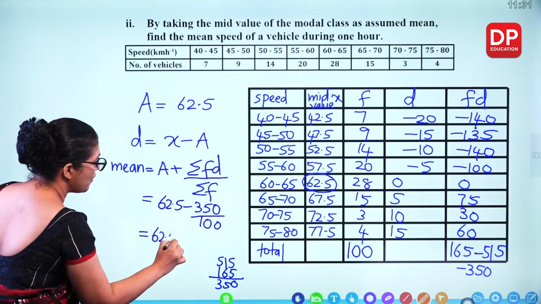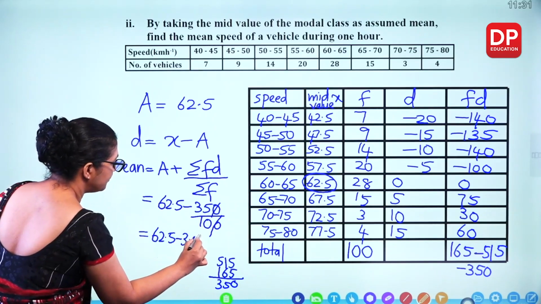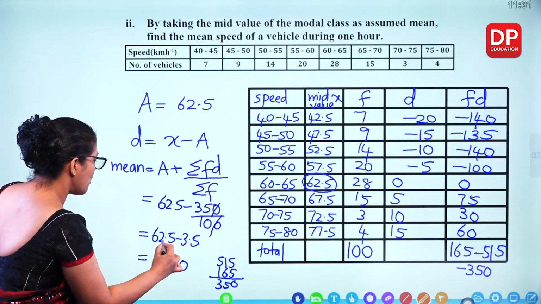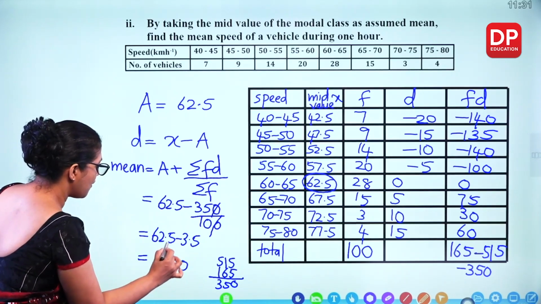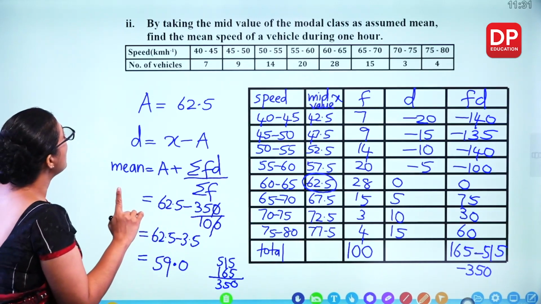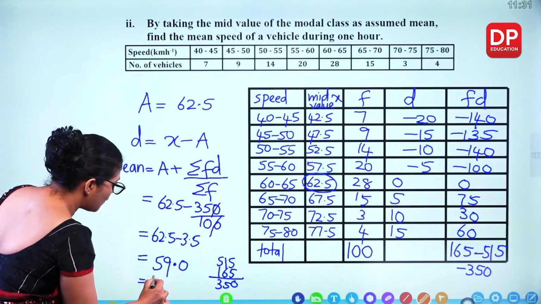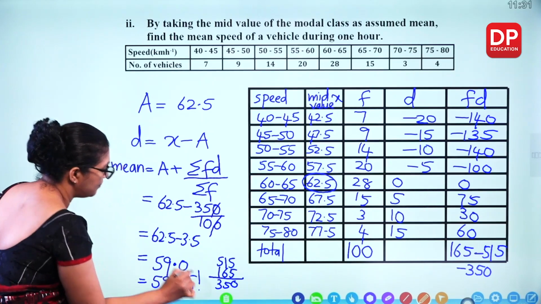So 62.5 minus 3.5. You get 59 is the value. So that means mean speed is 59 kilometers per hour.